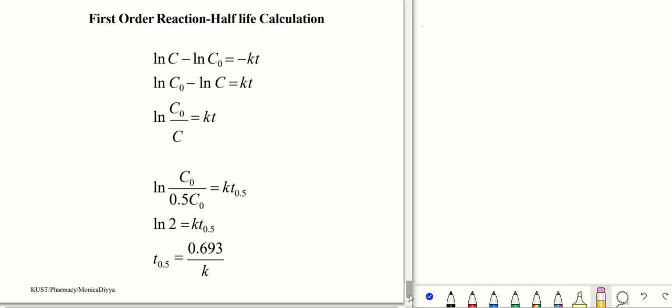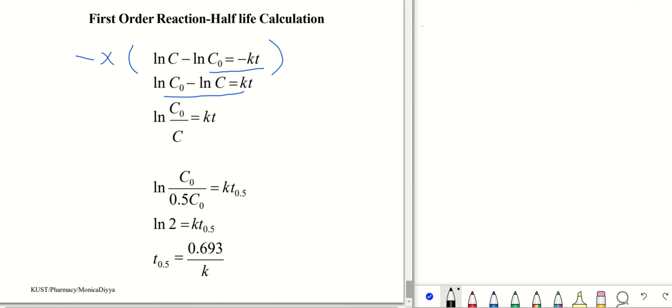Now, how can we determine the half-life for this first order reaction? We'll be doing it the same way. So integration c minus integration c naught is equal to minus kt. Right? Now take these terms, multiplying by minus on both sides.